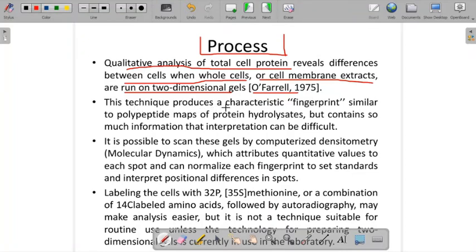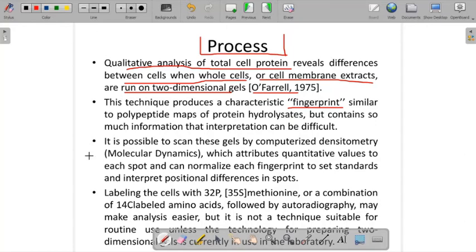This technique produces a characteristic fingerprint, similar to a polypeptide map of protein hydrolysates, but it contains so much information that interpretation can be difficult. So for that purpose, 2D gel electrophoresis interpretation and photographic methodologies are present, and standard data and standard outputs of this picturization give us a little idea of what the expression could be.